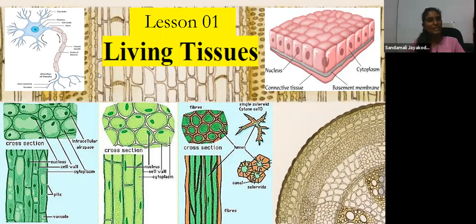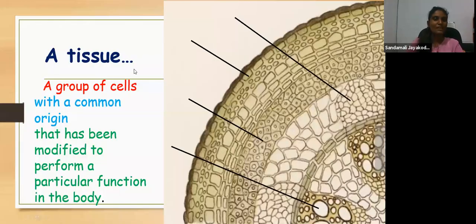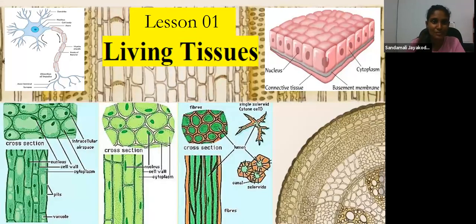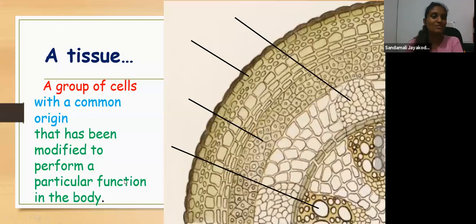First of all, we have to think about what a tissue is. We have a definition for that. We have to remember what a tissue is. This is the definition for a tissue. It's a group of cells. That means it has some amount of cells in it, with a common origin. They have origin from a common place.